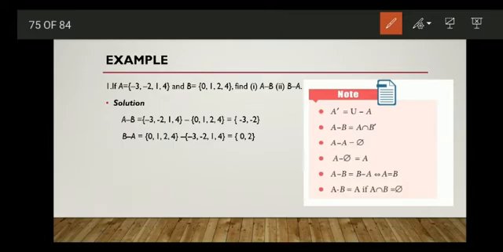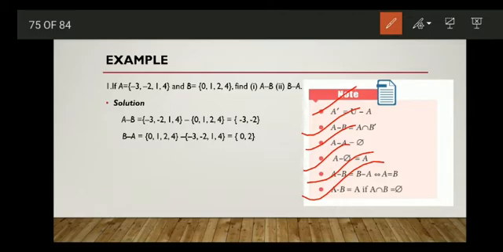So note that A complement is equal to universal set difference set A, and A difference B is equal to A intersection B complement. A difference A is equal to empty set. A difference empty set is equal to A, and A difference B is equal to B difference A if and only if A is equal to B. A difference B is equal to A if A intersection B is empty.